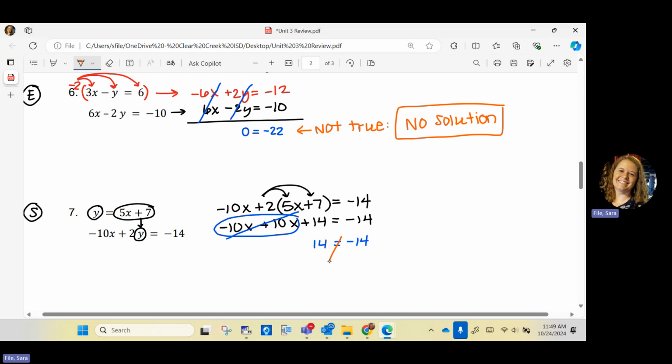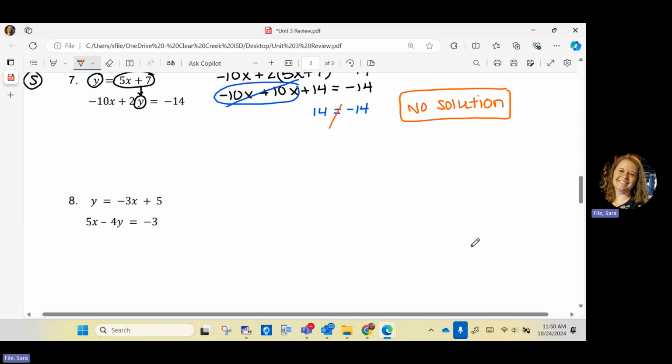They are not equal. Okay, just like that last one. So there is no solution. If it had said 14 equals 14 or negative 14 equals negative 14, then there would have been infinitely many solutions. Okay, but the way this one worked out, there's no solution there.